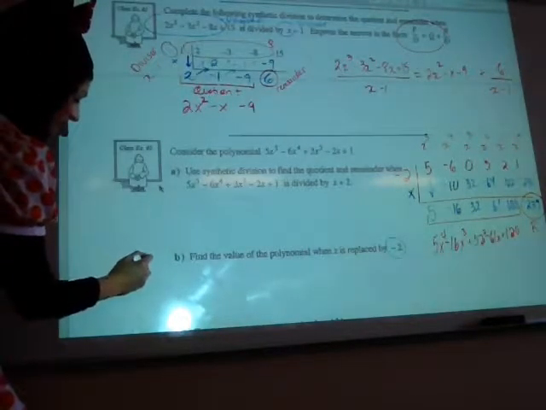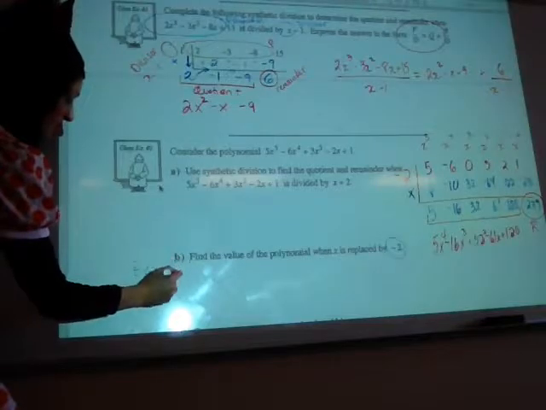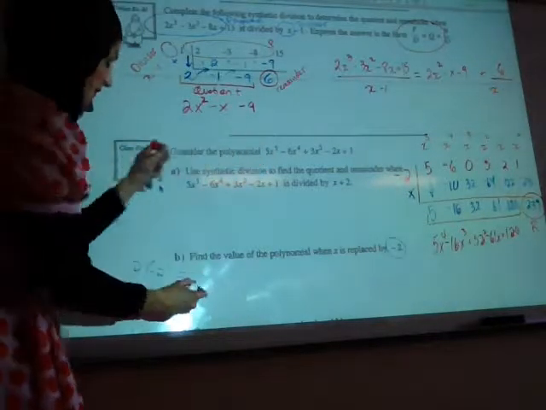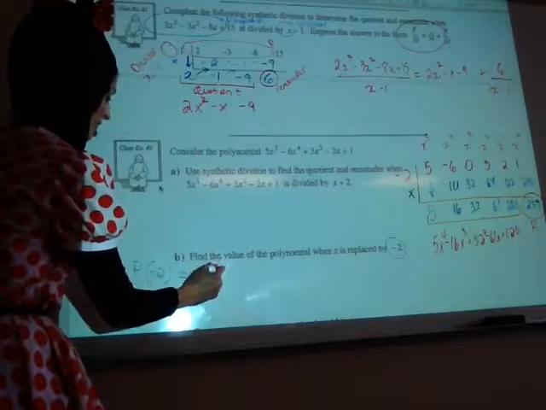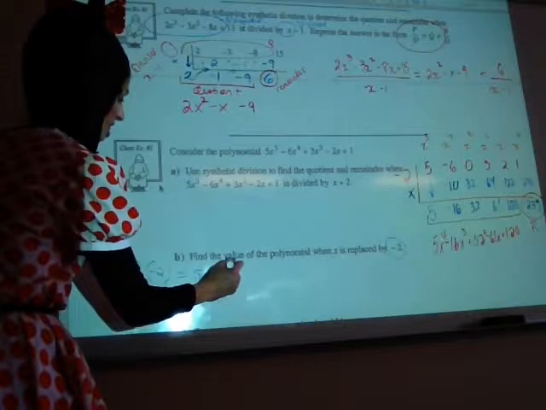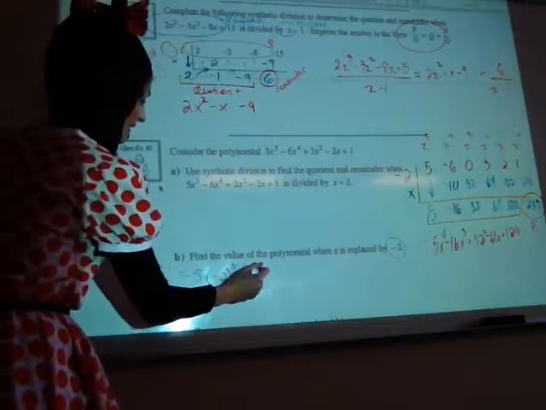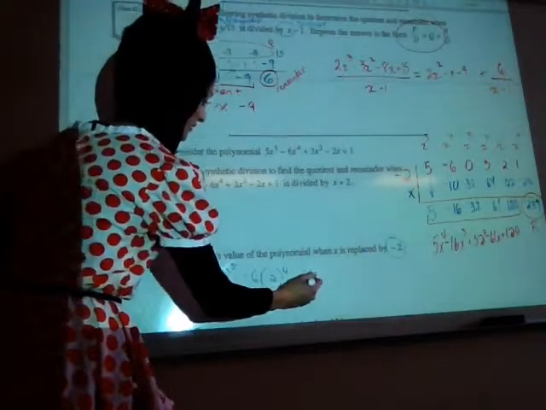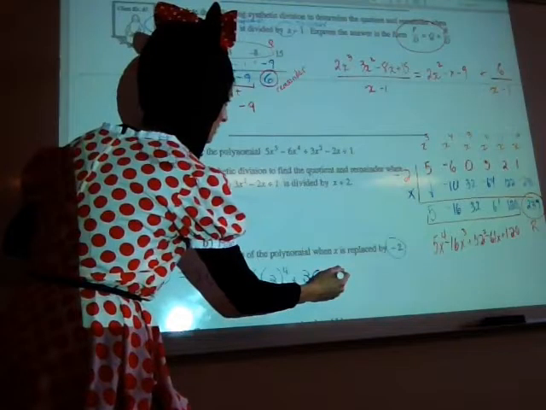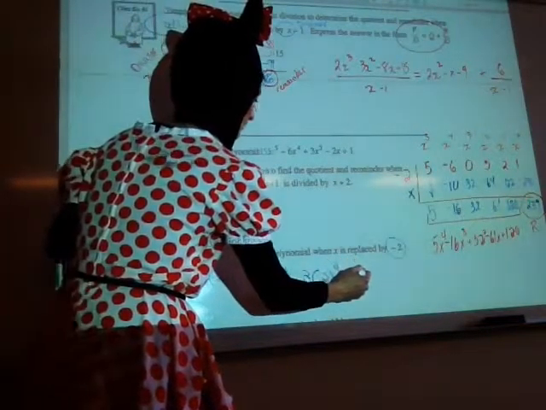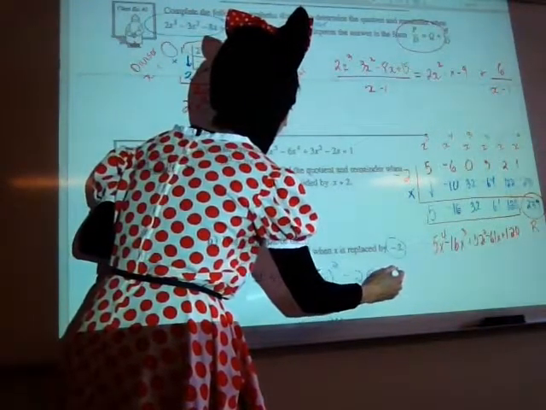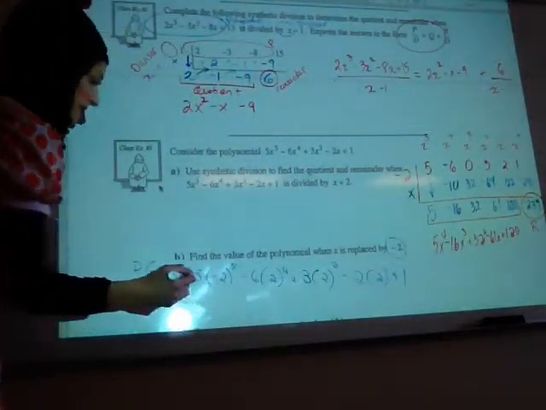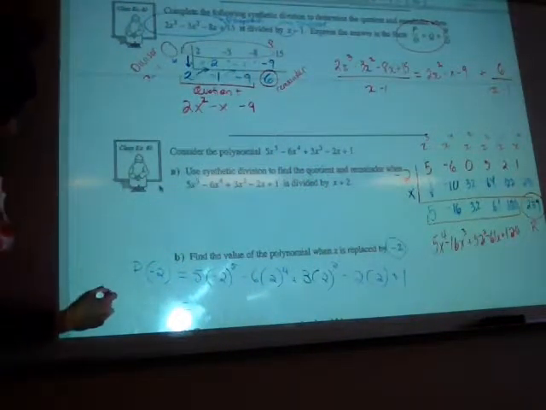So if we go p of negative 2, we replace that into the original polynomial, so every x is replaced with a negative 2. We get 5 times negative 2 to the power of 5 minus 6 times negative 2 to the power of 4 plus 3 times negative 2 squared minus 2 times negative 2 plus 1. Whatever we result in there will tell us our remainder.